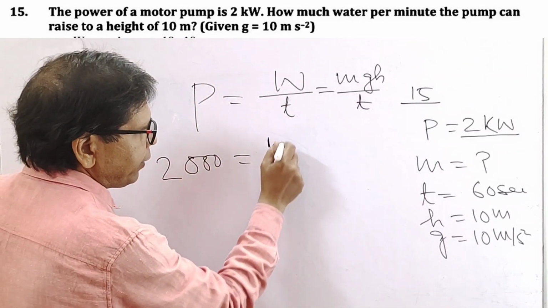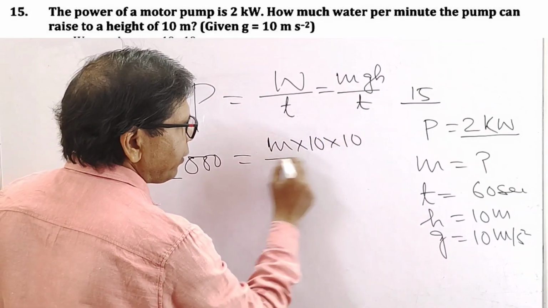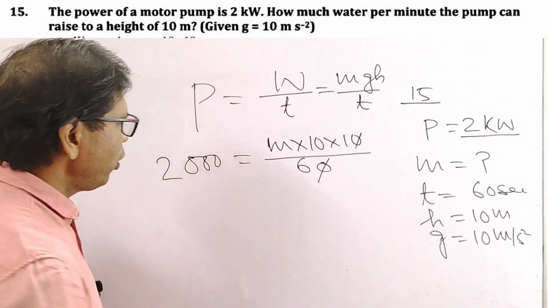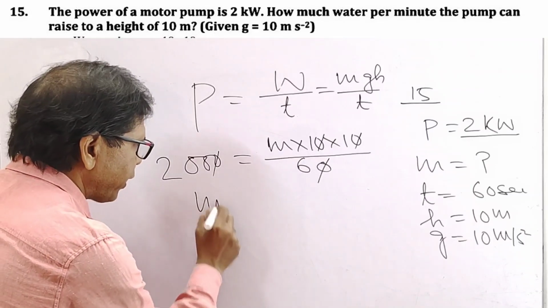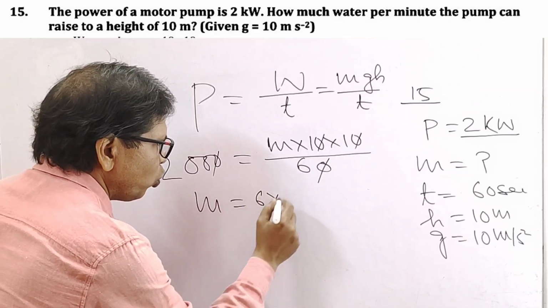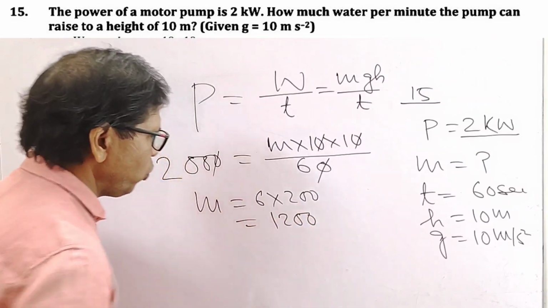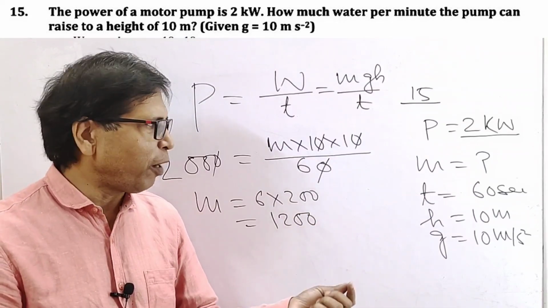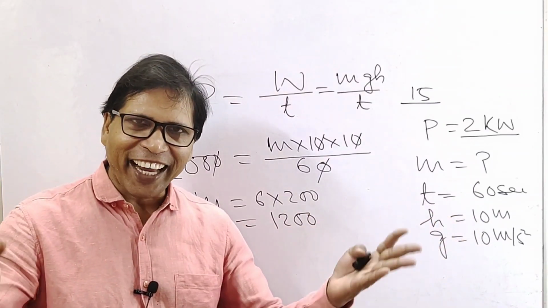This equals mass, g is 10, h is 10 and t is 60. This and this cancel out. So m is equal to 6 into 200. Therefore, this is 1200. Therefore, the amount of water raised by the pump per minute is 1200 kg.